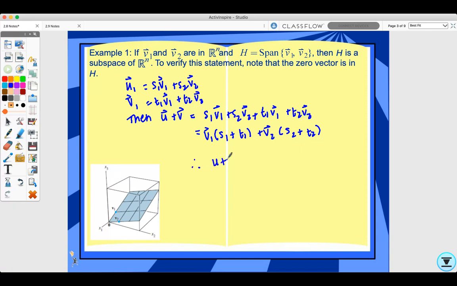Therefore, u plus v is a linear combination of v1 and v2 and hence is in H.